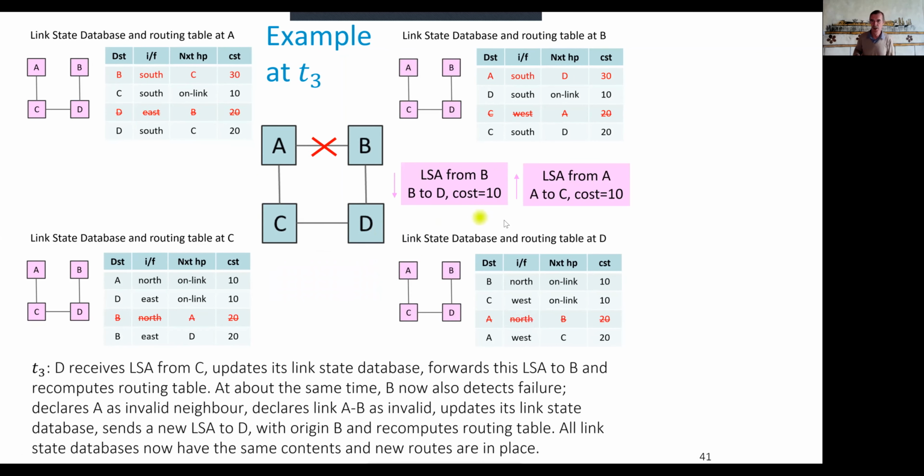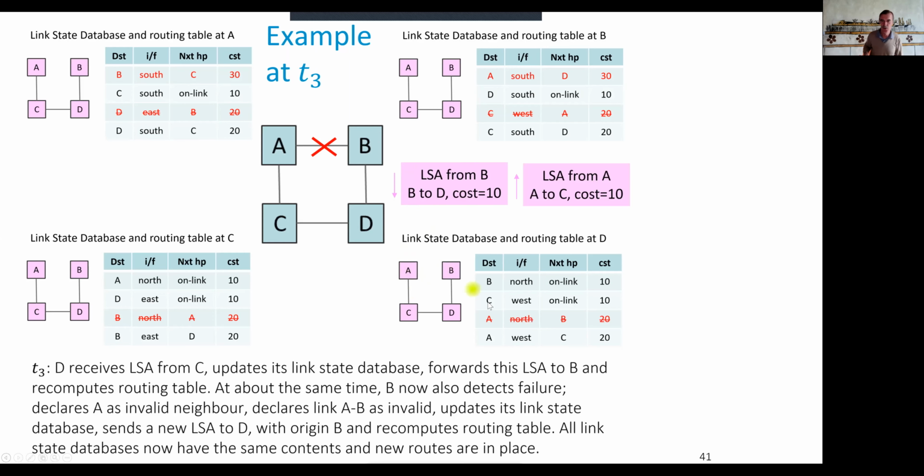D will also receive this information and forward it to B. Sooner or later, B will also detect the loss of the link. It's every 10 milliseconds, but this is not synchronous. So perhaps B has detected it 3 milliseconds after A. So this link state update sent by B that is detecting the failure might occur after here.